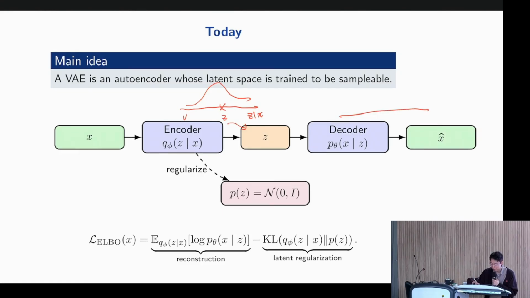This is going to define a distribution on X given Z. And we're going to sample X hat. But we're going to be specific, this is just a picture.